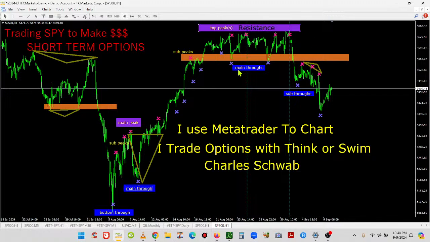And these are main troughs, but they're not the bottom trough. So we're looking for the bottom trough. Will this be the bottom trough? Is the question.